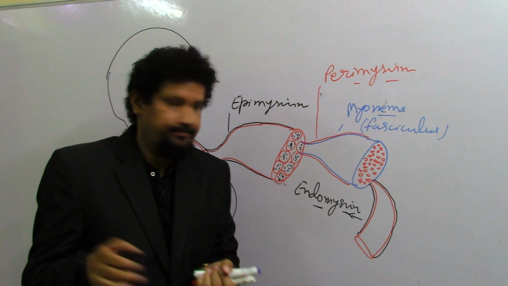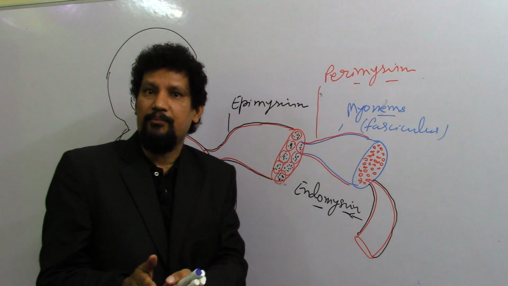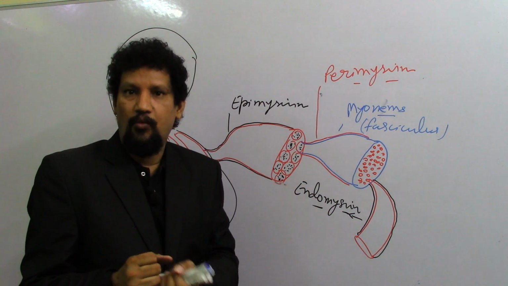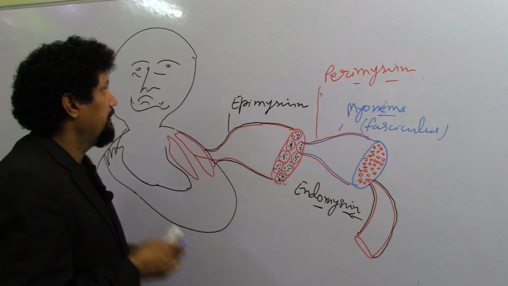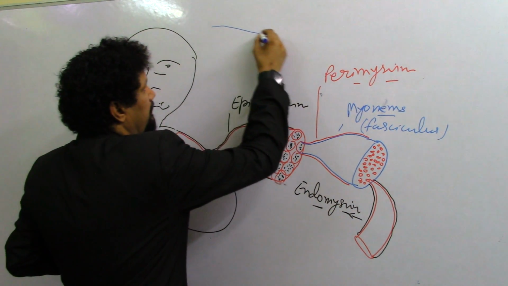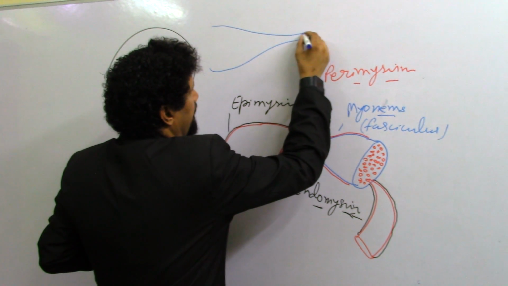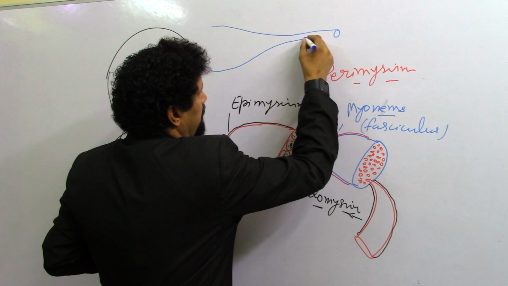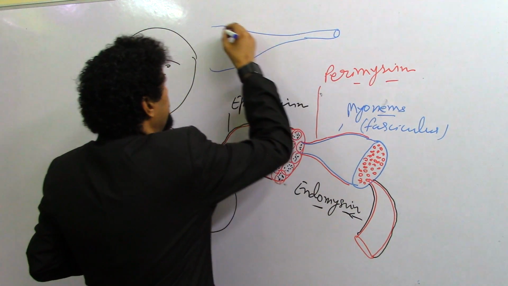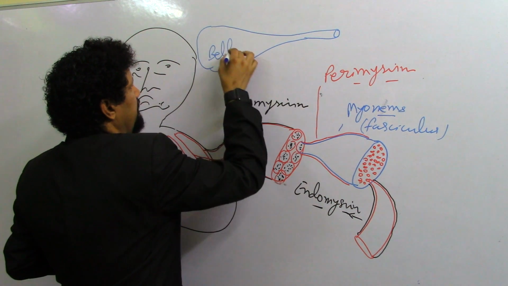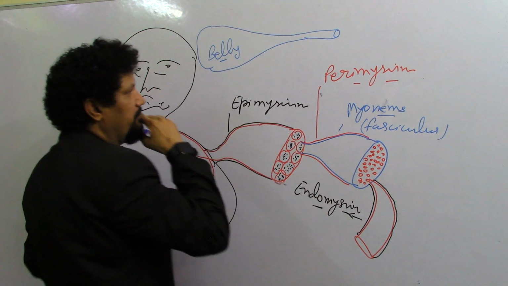When the muscle tapers to form a thin part known as tendon, when this muscle tapers at one end, and this is round, this is the belly of the muscle, fleshy part, belly or body of the muscle.